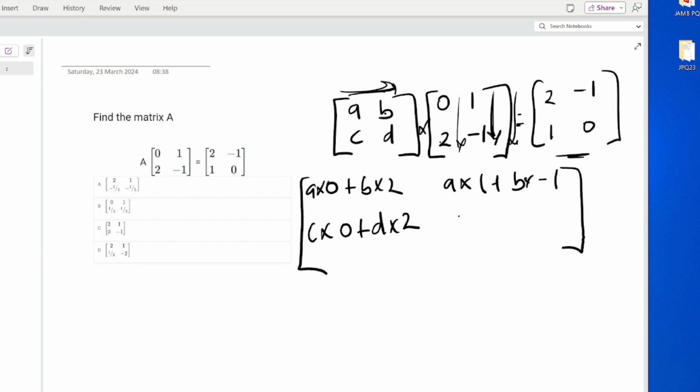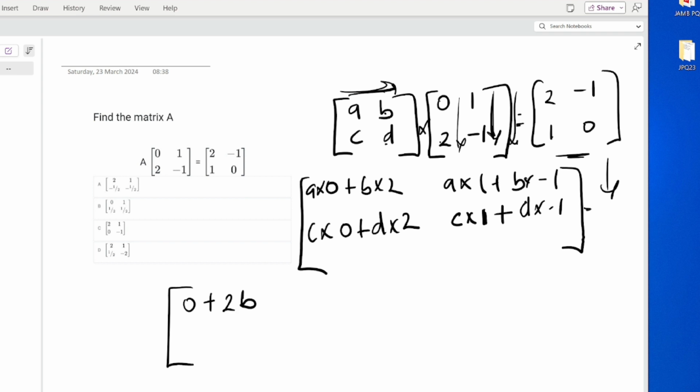And we have c times 1, then d times minus 1 should equal to this value. We have a times 0 is 0, b times 2 is 2b.